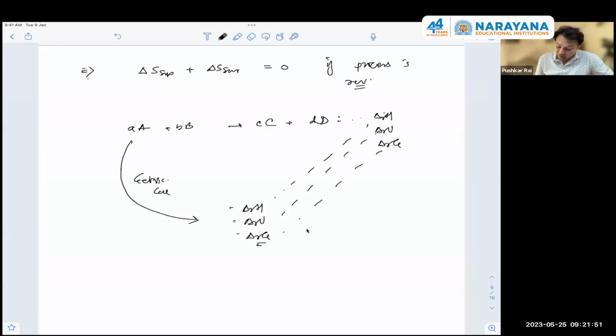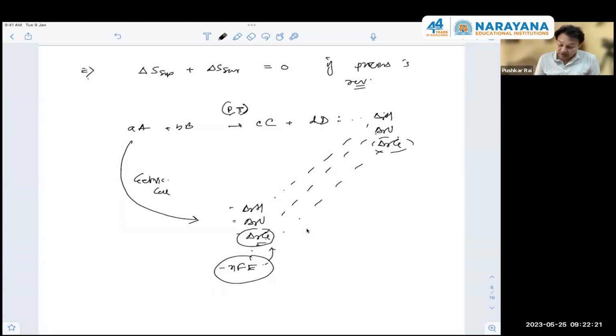So electrochemistry gives us a way of finding this delta rH, delta rG, with the help of a very simple formula, minus nFE. So there is no doubt that minus nFE will give you delta rG, and this delta rG you can also get from other routes. Both ways delta rG is not going to change. Another important fact, keep it in mind: this process is carried out at constant pressure and temperature.